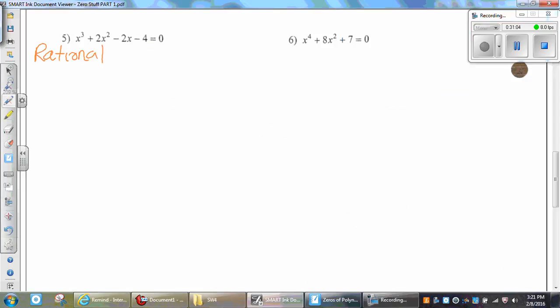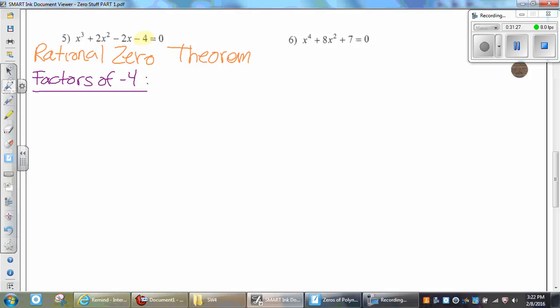For problem number 5, we're going to use the rational zero theorem. And for that, we need to get the factors of the constant term. So that will be the factors of -4.